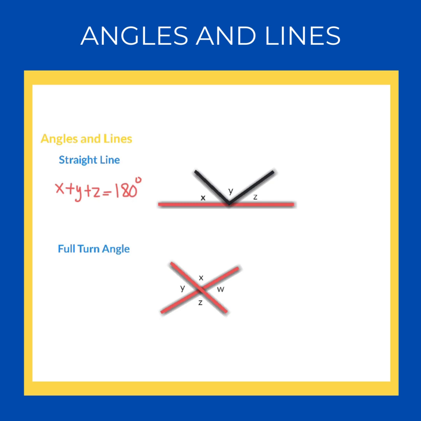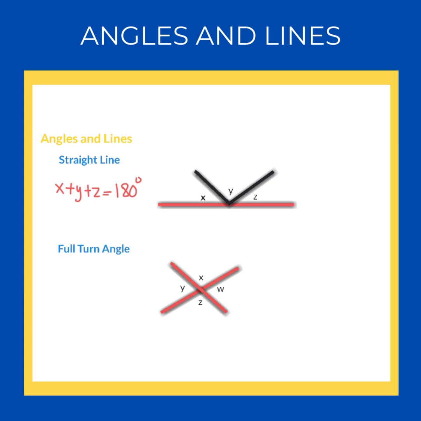Now the second one is about a full turn angle. I have here four angles, so x, y, z, w. So these four angles are all around a point, which is the point of intersection of the two lines.